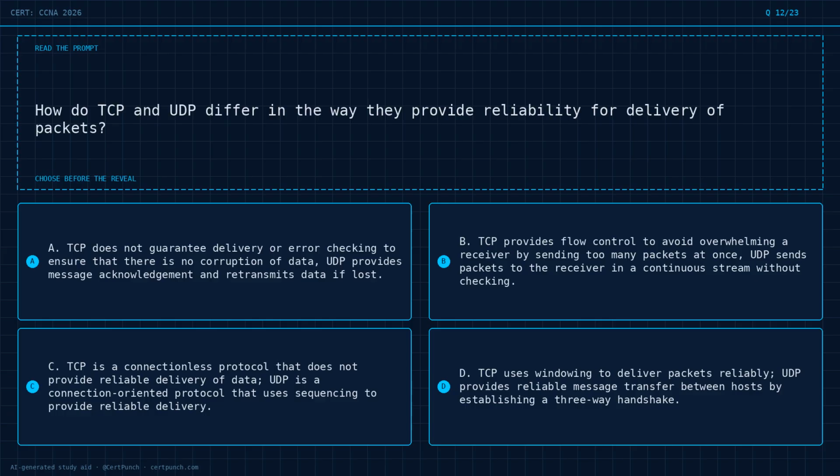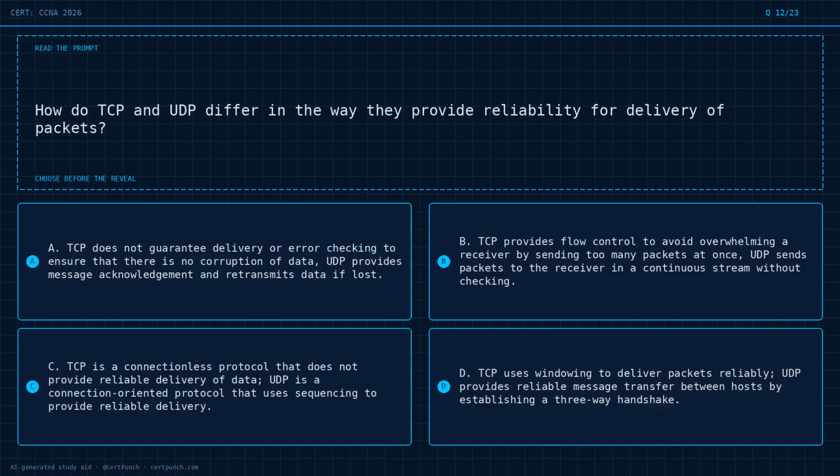Question 12 of 23. How do TCP and UDP differ in the way they provide reliability for delivery of packets? Option A. TCP does not guarantee delivery or error checking to ensure that there is no corruption of data. UDP provides message acknowledgement and retransmits data if lost. Option B. TCP provides flow control to avoid overwhelming a receiver by sending too many packets at once.